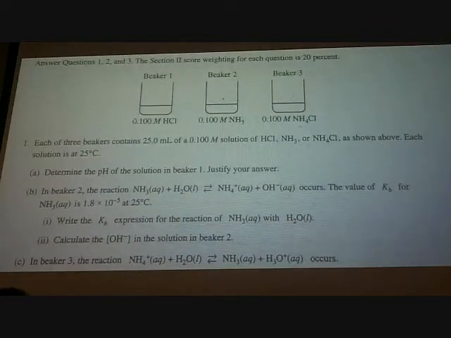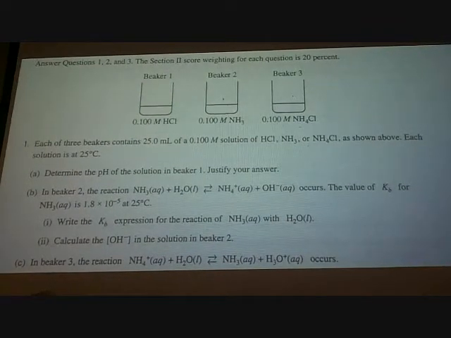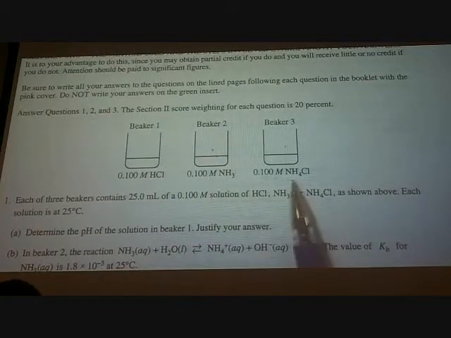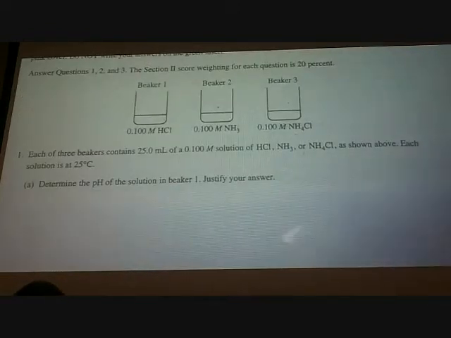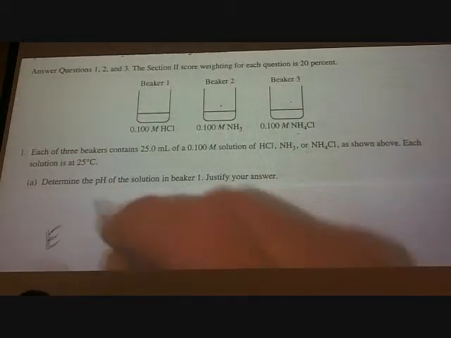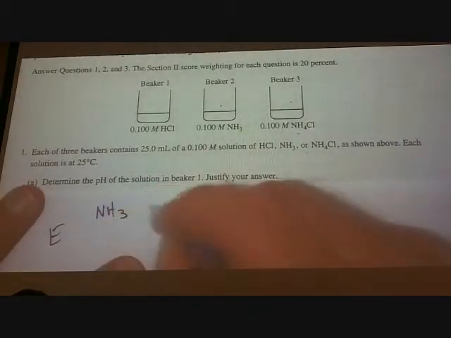Okay. So how would we be able to determine the pH if we mix those two together? Well, we know the concentration for beaker 2 and beaker 3. And when you do an ICE chart, actually, just the equivalence point is enough.